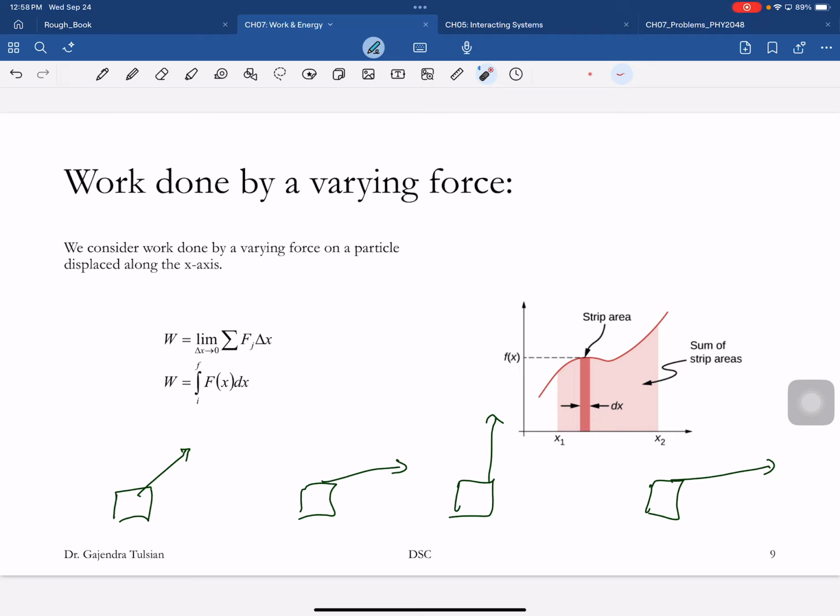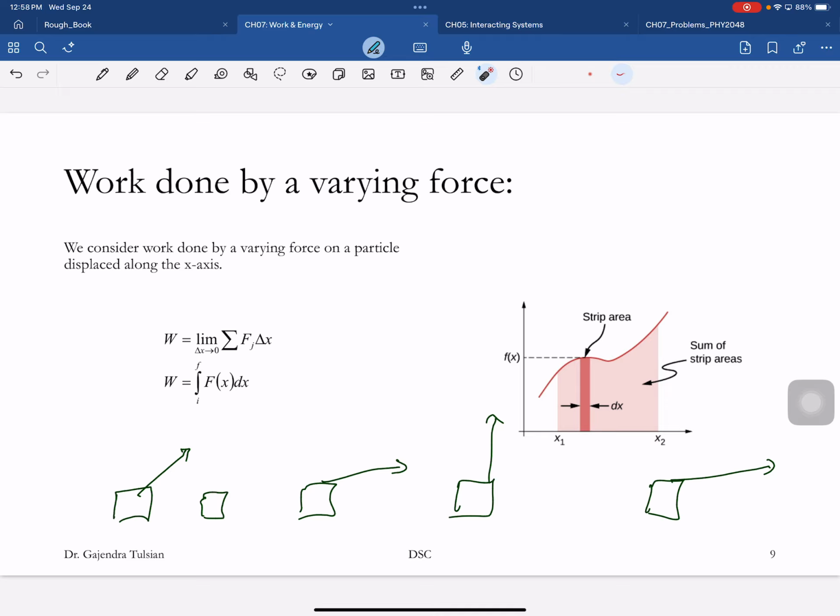So if the force is changing, all you do is break it up into little segments of displacement, and in those little segments, the force is constant. How big are those segments? As small as you want them. Even if it's a fast changing force, you just break it up into smaller and smaller segments.